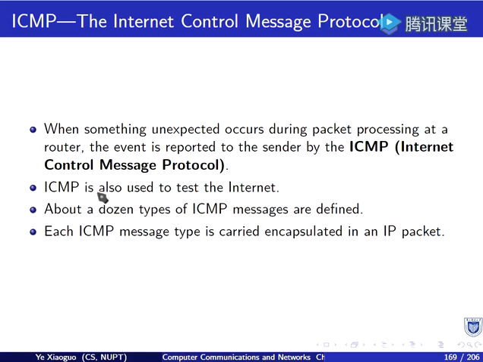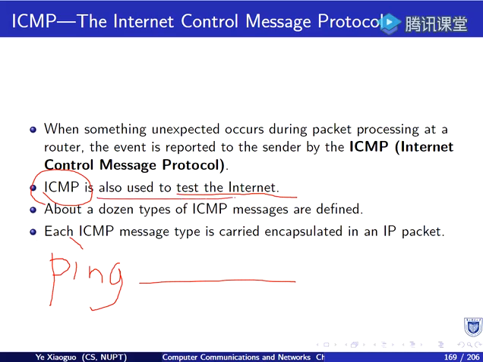It is also used to test the internet. In experiment 2, we use the command ping, right? Ping is based on the ICMP protocol. So it's also used to test the internet.